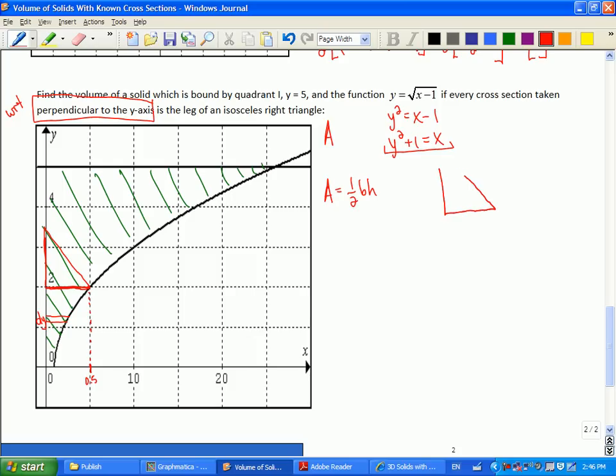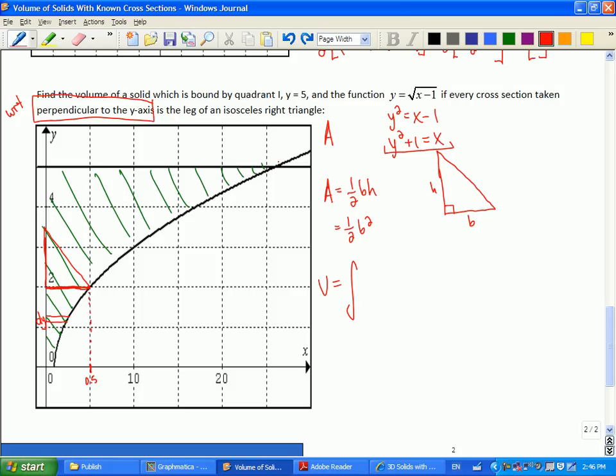And if you look at an isosceles triangle, the nice thing about it is the base and the height are the same. So this is just going to be 1/2 the base squared. So my volume will be the integral. And again, we are always used to doing x's because we started with x in this course until this chapter when we flip things around. But be careful, your bounds do not go from here to there.